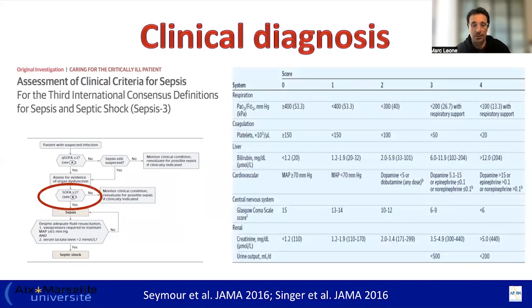This score was developed by the group of Vincent in Lancet a few years ago, and it's based on simple bedside clinical assessment of each organ: respiratory, coagulation, liver, cardiovascular, central nervous system, renal. And this is very intuitive, and you can use it without knowing you use it.